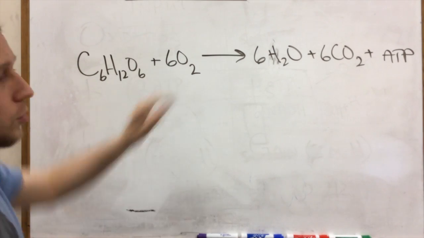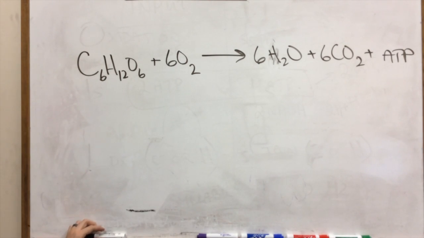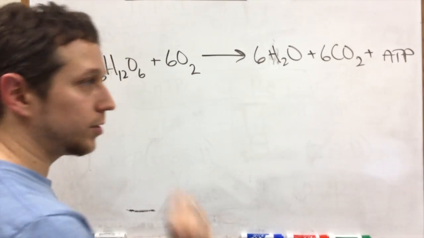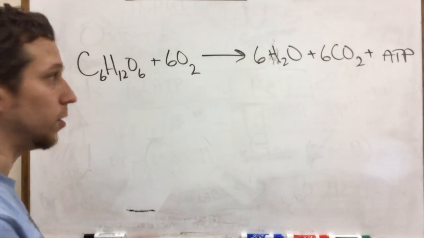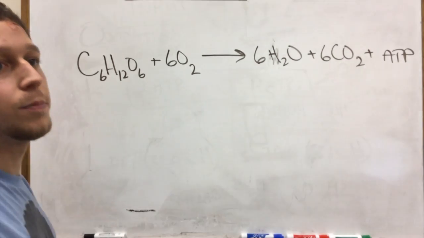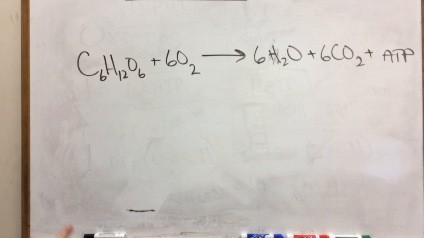So one of these two things is going to be reduced and the other is going to be oxidized. So there are several steps that I have established that you should follow when you're attempting to determine what's being oxidized versus what's being reduced.